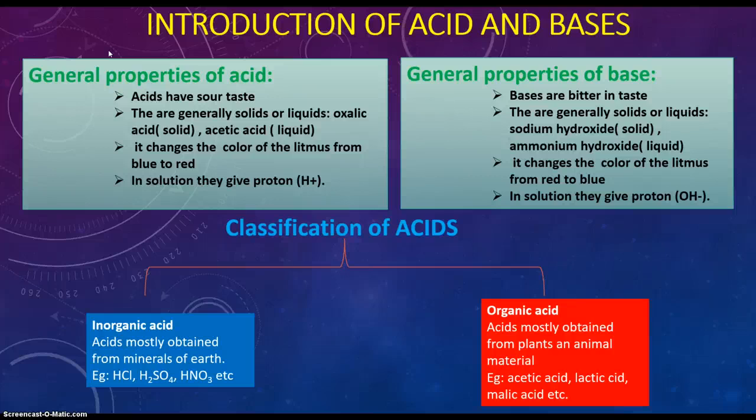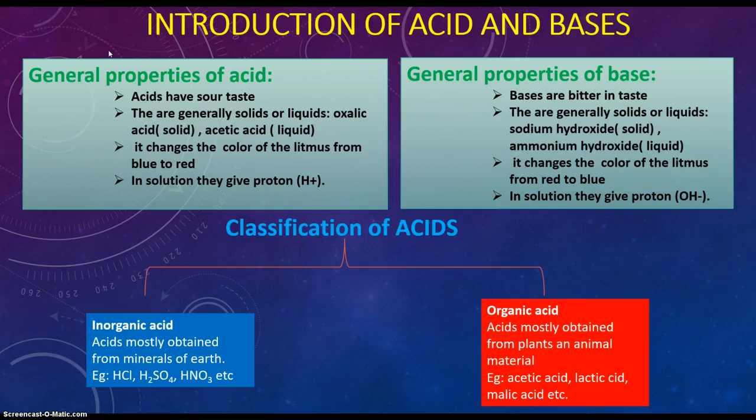So ammonium hydroxide is also a base that exists in liquid state. Moreover, a base can change the color of litmus paper from red to blue, just opposite of acid. In case of acid, we observed that acids change the color of litmus paper from blue to red, but bases change it from red to blue.